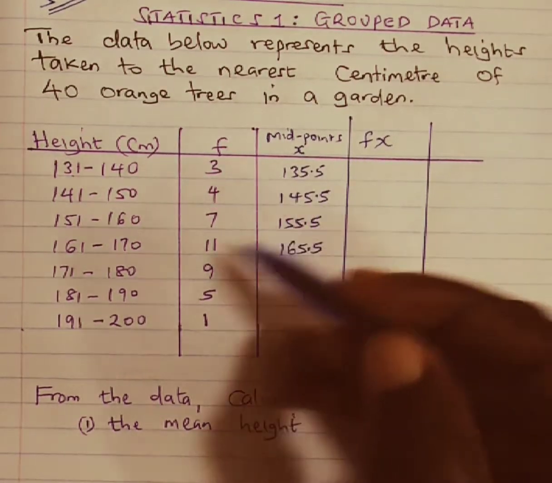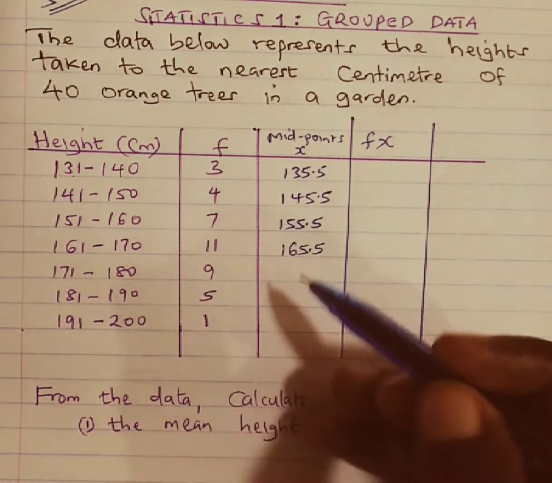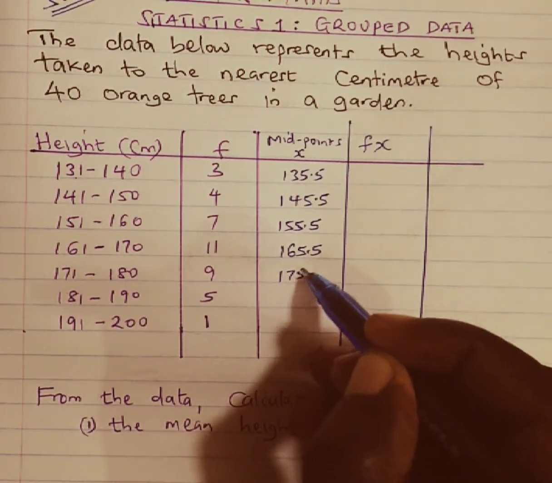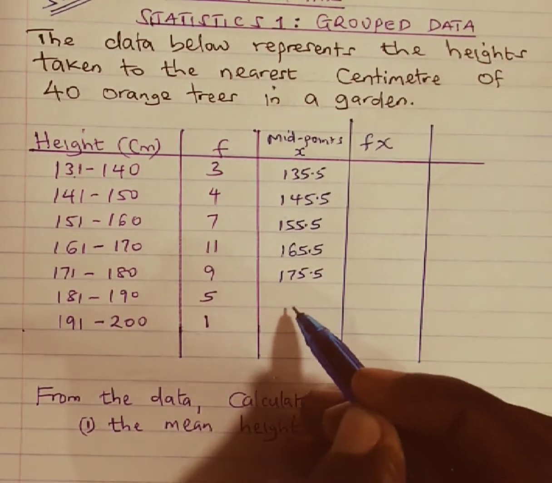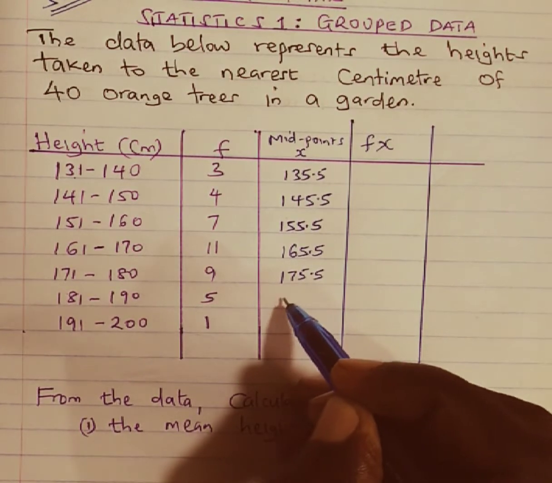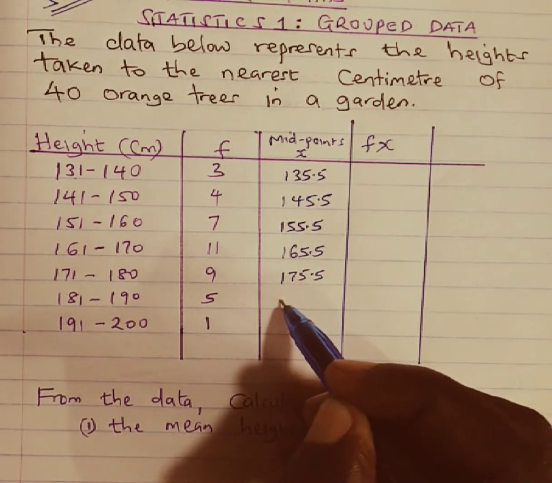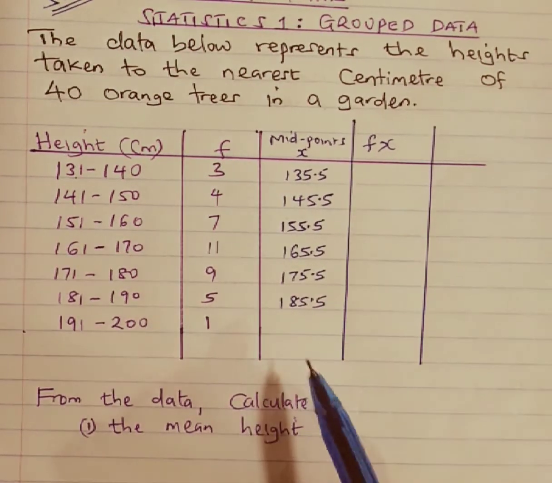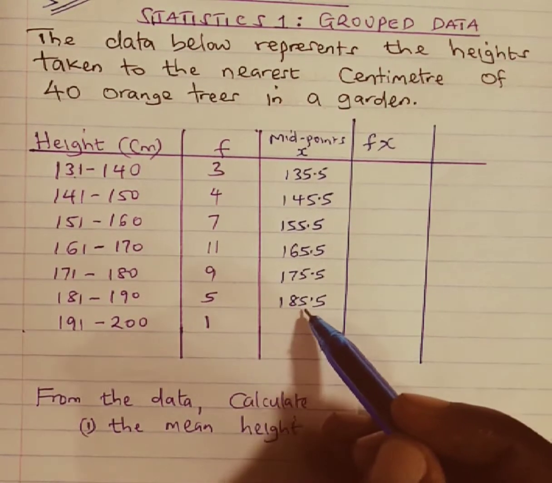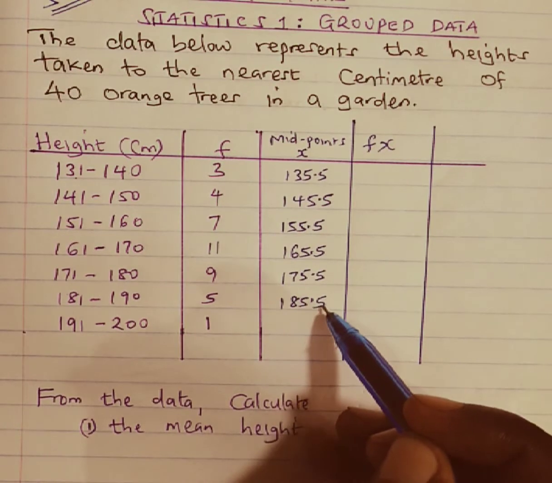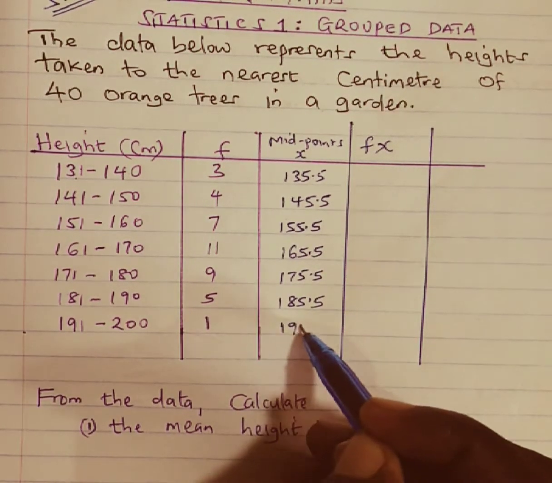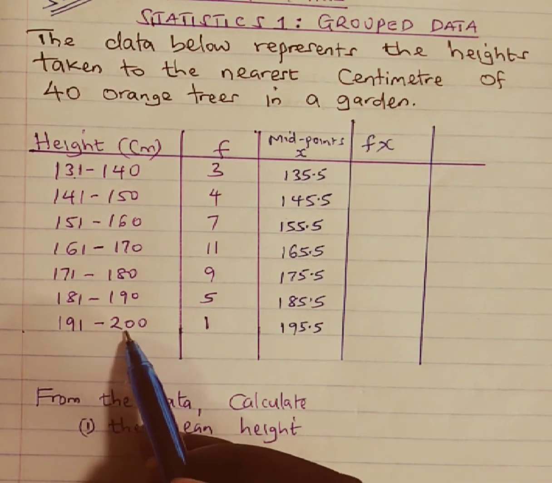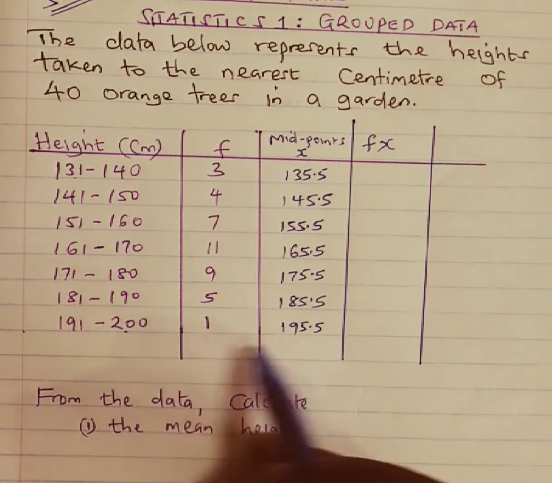So you'll only be adding the class width. Next we add 10, you'll get 175.5. Next you add 10 to 175.5, you get 185.5. And lastly, you add 10 to 185.5, it will give us 195.5. Or simply take 191 plus 200, you divide by 2, you'll get 195.5.